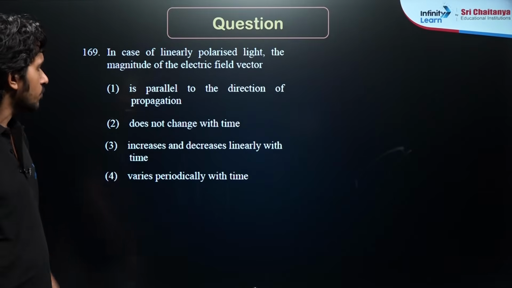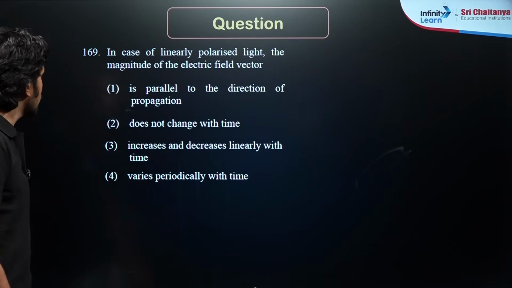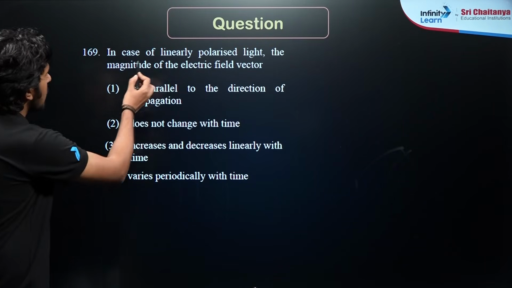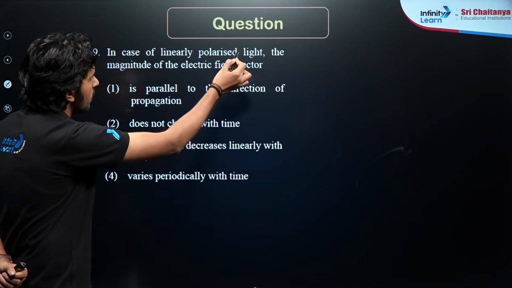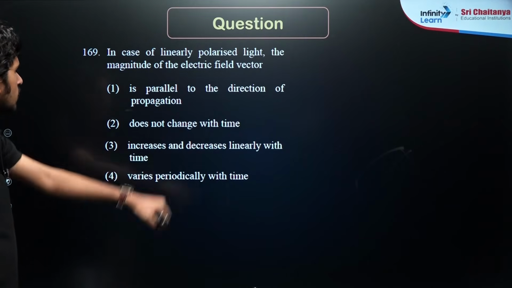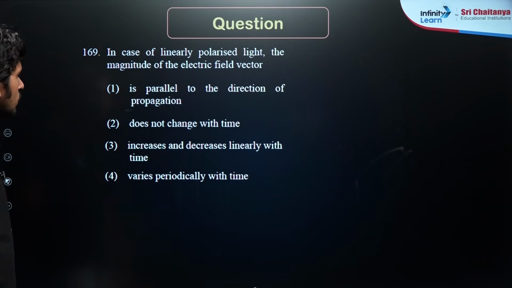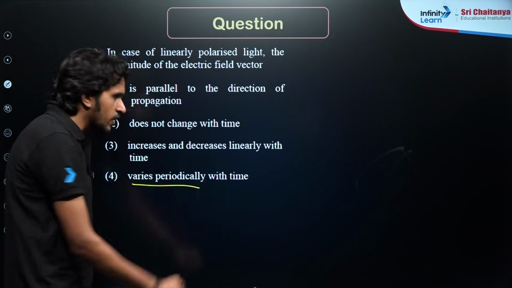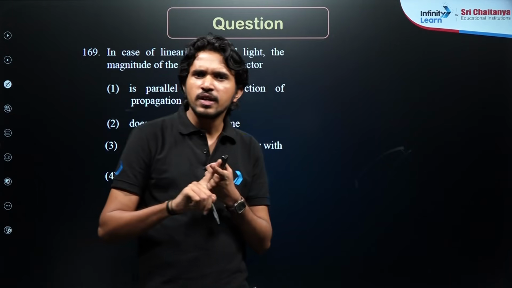Okay guys, now let us see the next question. In this problem, in case of linearly polarized light, the magnitude of the electric field vector is: parallel to the direction of propagation, does not change with time, increases and decreases linearly with time, or varies periodically with time. Varies periodically. Why are we using the word periodically?